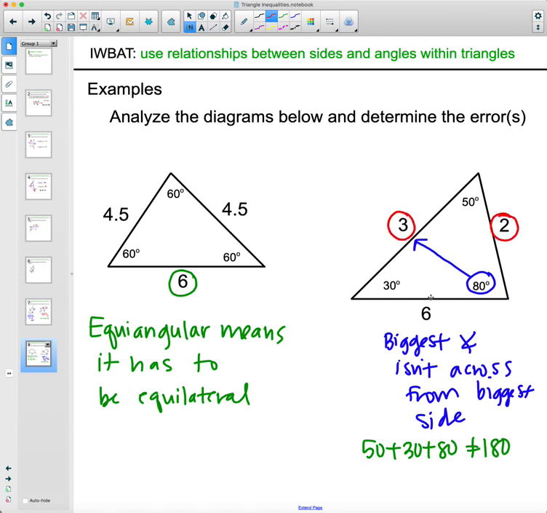The two smallest sides actually don't add up to more than the biggest side. So 3 plus 2 is not bigger than 6, which it needs to be for the sides to create a triangle. So a lot of errors in that one that you could have seen. Any of them would have worked to say why this diagram is a problem.